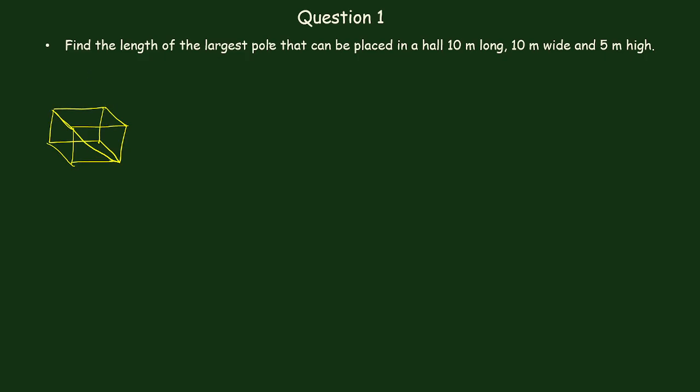So basically the largest pole will be the diagonal of the cube, and same goes for cuboid as well. So the formula for the diagonal of cuboid or cube, that is under root length square plus breadth square plus height square.